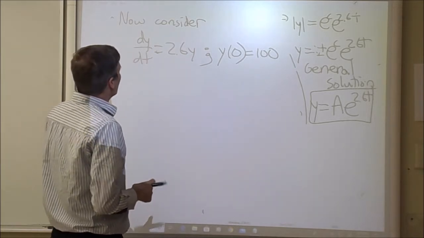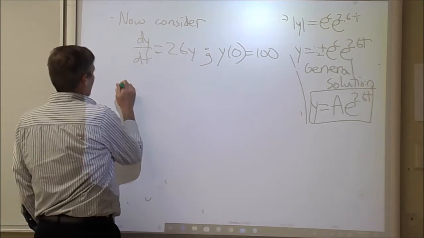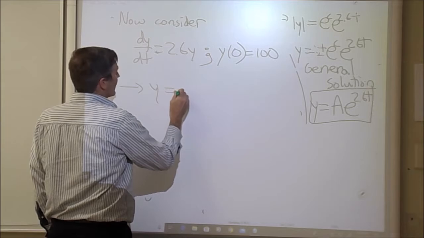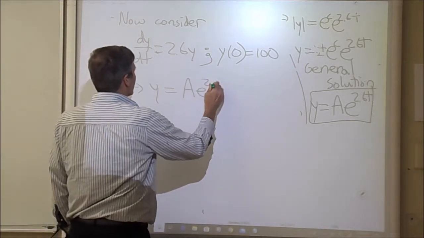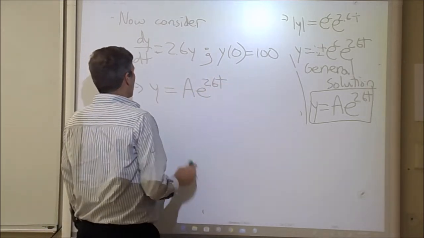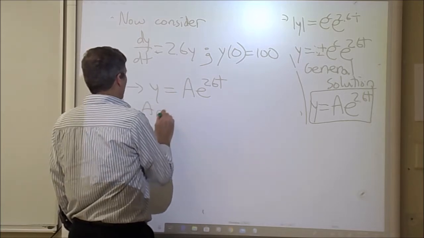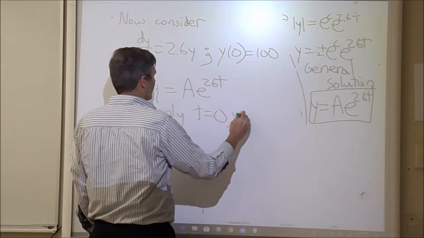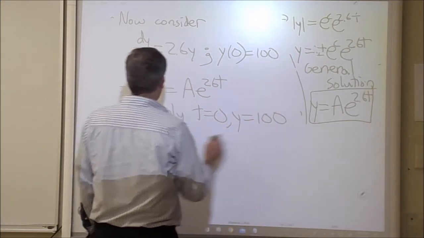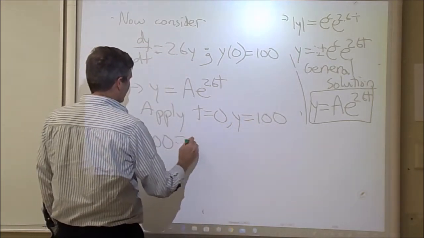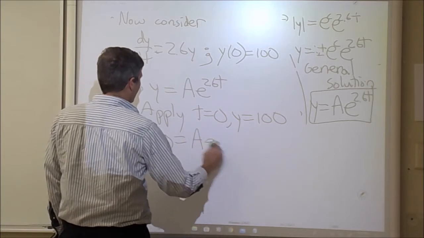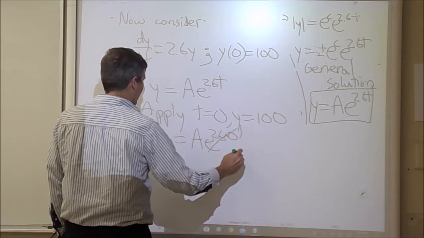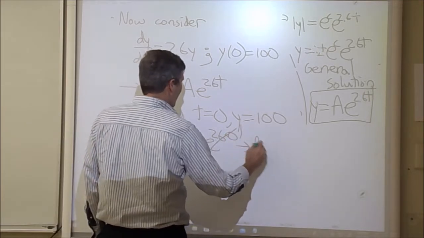So we already know that the general solution of the differential equation is y equals a e to the 2.6t. And now we apply the initial value that when t equals 0, y equals 100. That's what the initial value says. And we get 100 equals a e to the 2.6 times 0. Well, e to the 0 is equal to 1. So a equals 100.